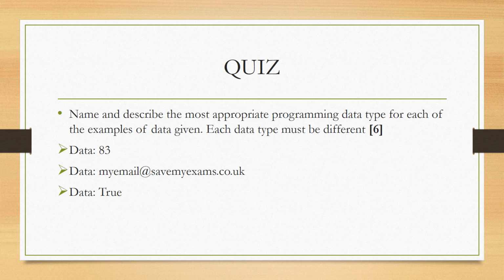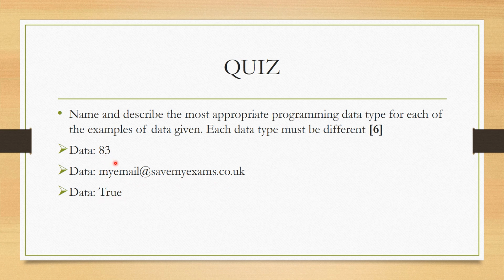Okay, so in exams, they will ask something similar to this question. Some data will be given to you, and they will require the data type, and you will be mentioning the data type and the description. Like I have given three. Here 83 data is given. Some sort of Gmail is given here, and the true is here, right?